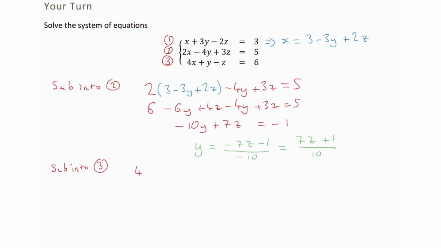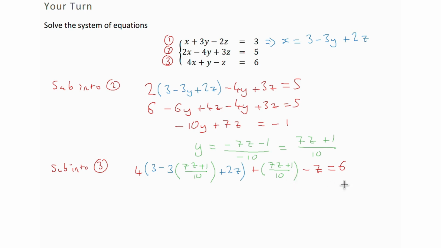So 3 is 4 lots of x, where x is this thing, 3 minus 3 times y, but y is now 7z plus 1 over 10, plus 2z, and then plus y, but y is 7z plus 1 over 10, and then minus z equals 6. And now this has gotten quite messy because of these fractions. Easiest thing to do is probably just to multiply everything through by 10 to get rid of that fraction.